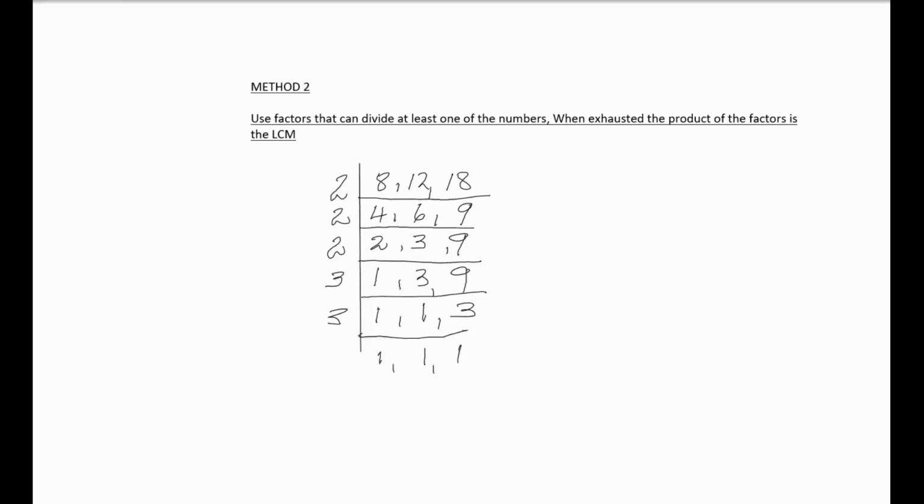So the LCM of 8, 12 and 18 using this method is 2 to the third power, which is 2 times 2 times 2, times 3 to the second power, which again is 8 times 9, which is 72.